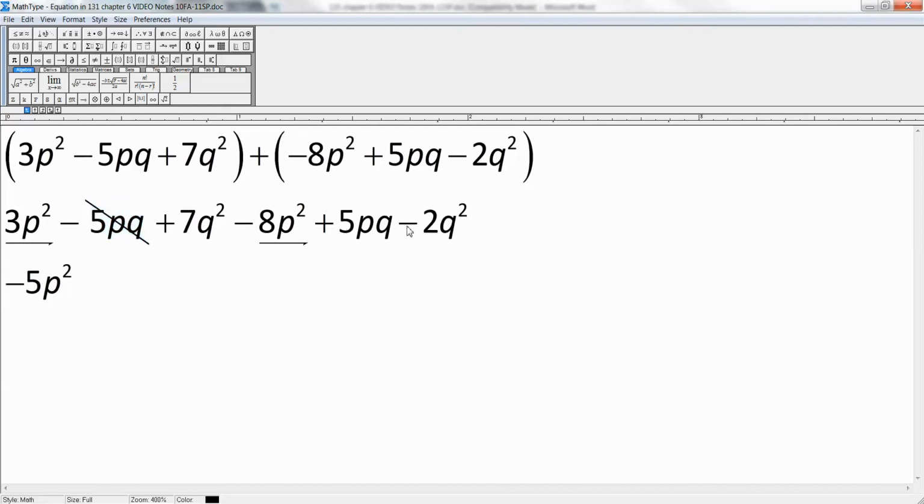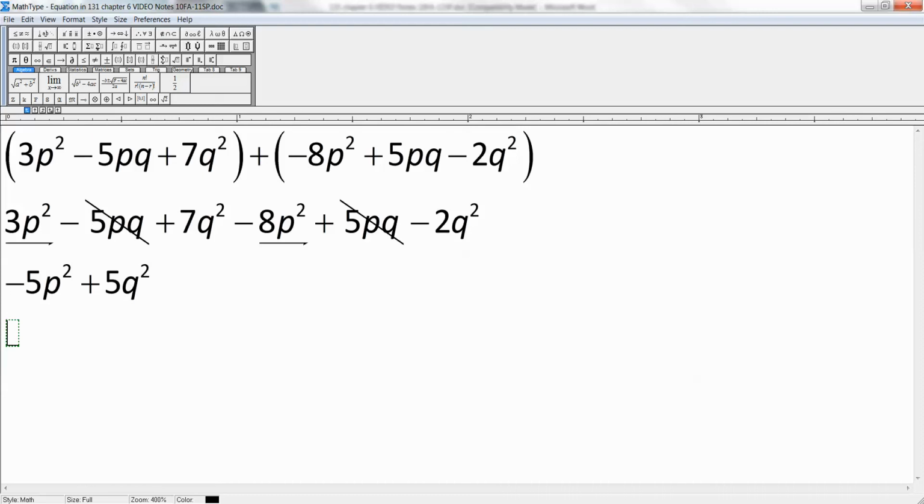They're like terms, and they're going to go away because if you have minus 5 of something and then add 5 of something, you end up with 0 of something. So that's gone. There's no pq anymore. That leaves me with 7q squared minus 2q squared, so that means plus 5q squared.